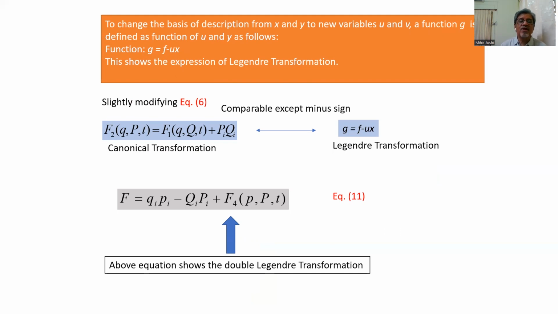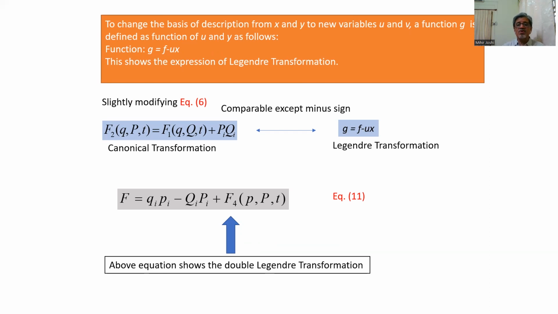Slightly modifying equation number 6, one can compare F2(q, P, t) equal to F1(q, Q, t) plus Pi Qi. So this is similar to the Legendre transformation, which is g equal to f minus ux. The only difference is in the minus sign. Otherwise, both are similar to each other.